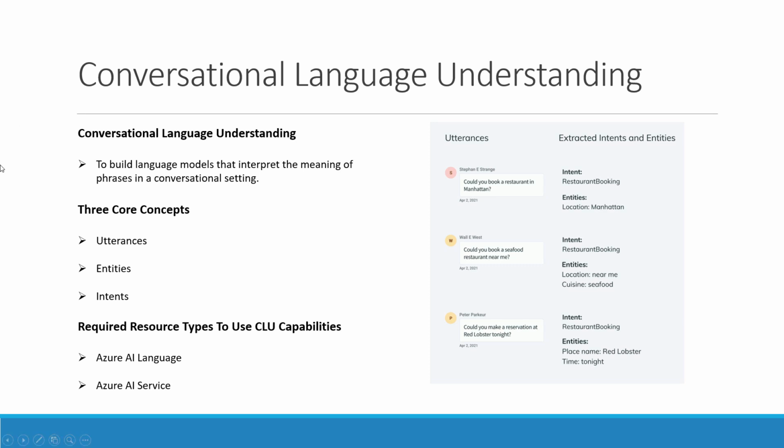Now let's get deeper into these three core concepts: utterance, entities, and intent. Whenever we chat with any application, for example Copilot or ChatGPT, we use it for our day-to-day activities, right?